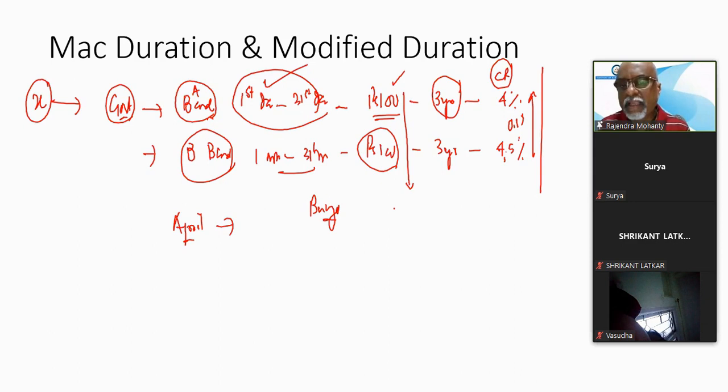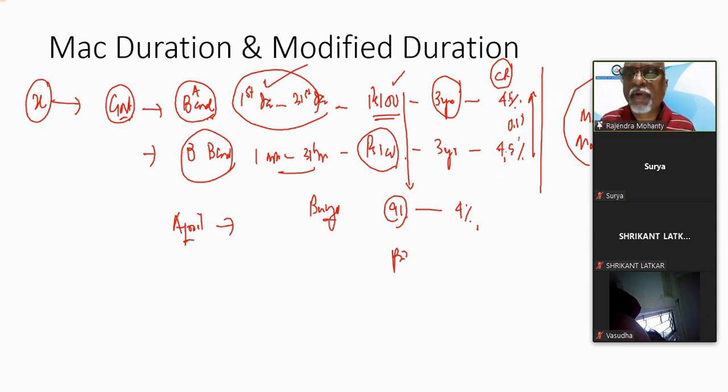So he will say, if the price is say 91 rupees, then I will buy your bond. So 91 rupees at 4% interest might be equal to 100 rupees at 4.5%. That calculation, how to arrive at a price of 90, 91, 92, is done by finding the MAC duration or modified duration.